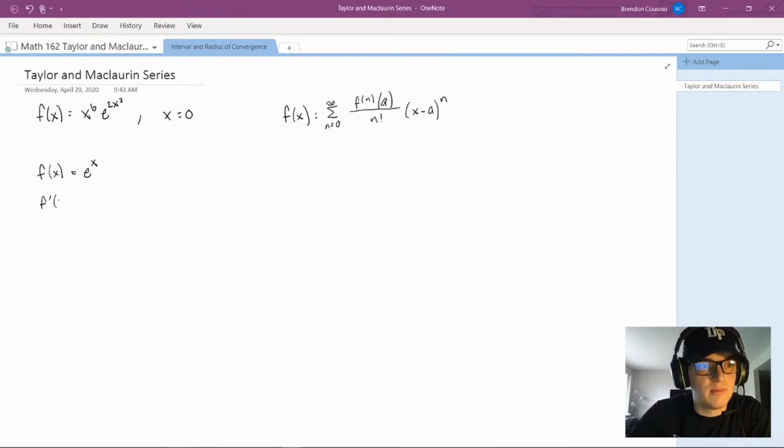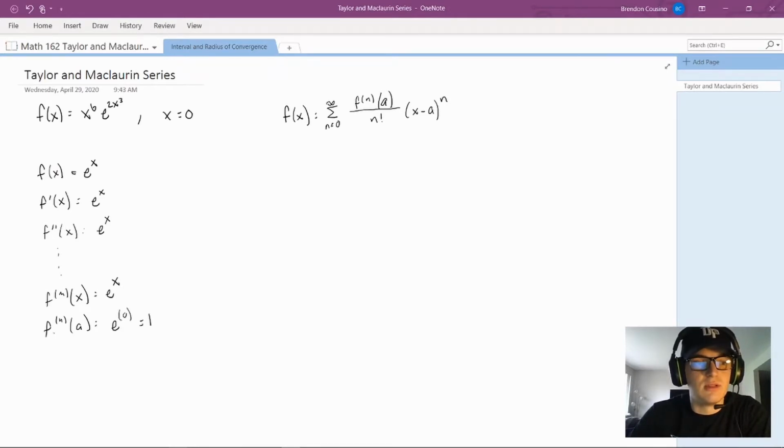So let's start taking some derivatives. f prime of x is equal to e to the x. f double prime of x is also equal to e to the x. And if we go on, f to the nth derivative of x is equal to e to the x, right? Now we want to find f to the nth derivative of a. If we plug in 0, it's e to the 0, which is equal to 1. So f to the nth of a is just equal to 1.